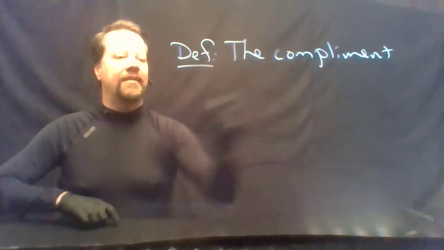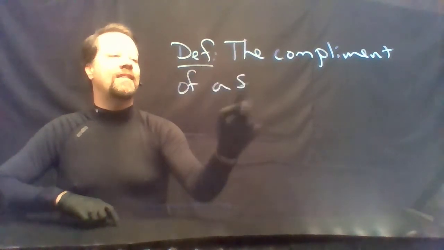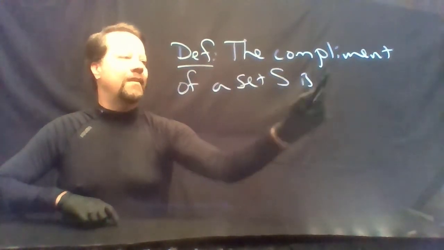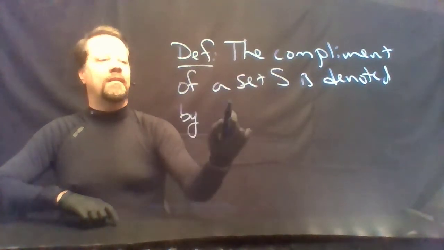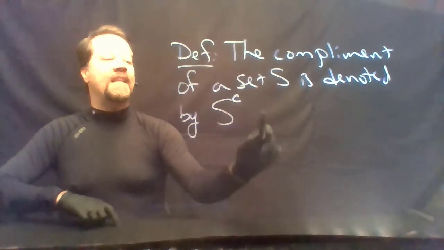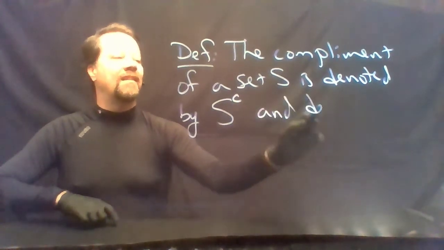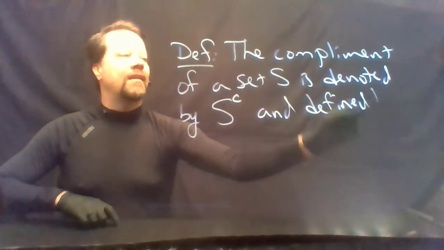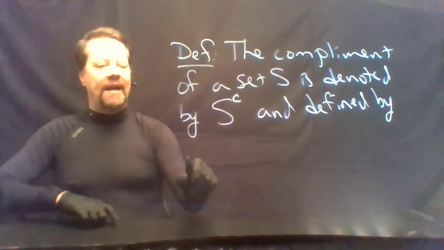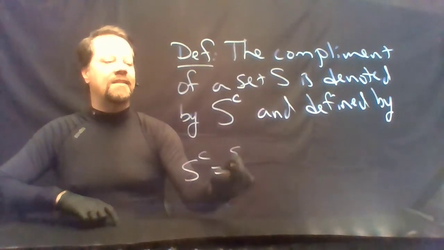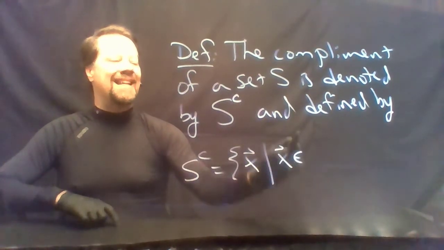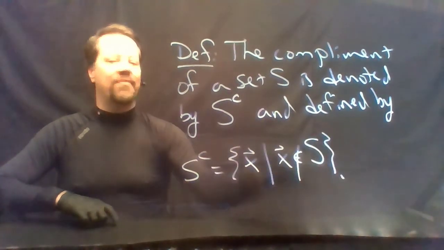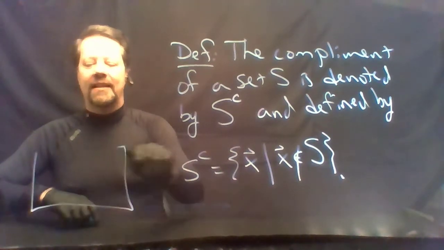The complement of a set S is denoted by S with a superscript of C, and defined by S^C is the set of all x such that x is not in S. So the picture is like this.